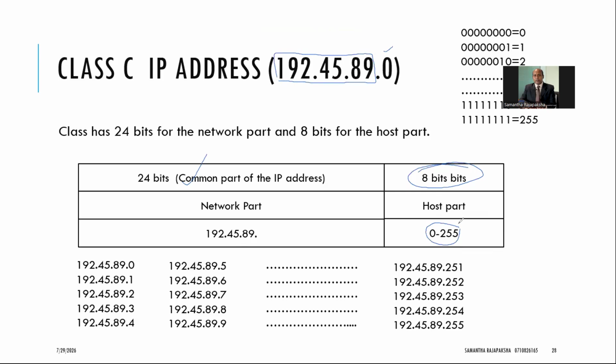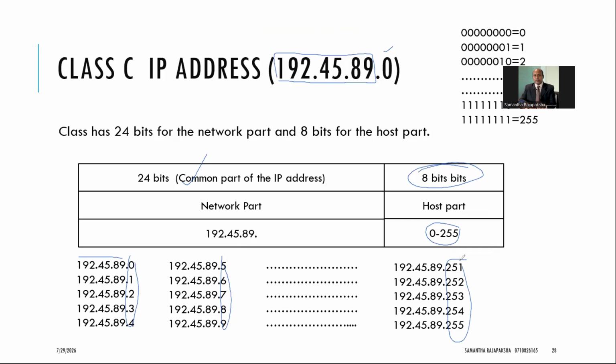Then we know that in class C you are getting 256 IPs. Then how do I write all 256 IPs? Remember, in all IPs, 192.45.89 is common. What is changing is only this last part. That will change from 0 to 255. That is how you get 256 IPs.